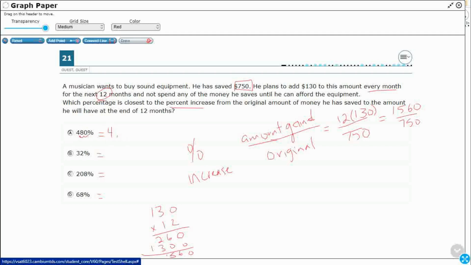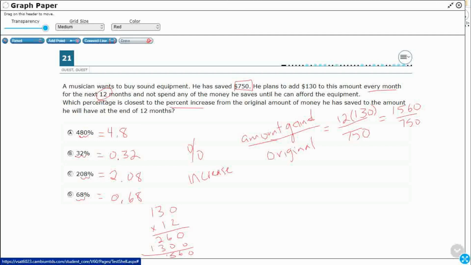So 480% is 4.8. 32% is 0.32. It's not a whole because 100% is a whole. 208% is 2.08. And then 68% is not a whole. It's 68 hundredths because 100% is that whole.